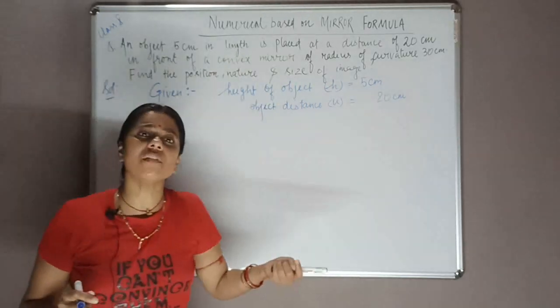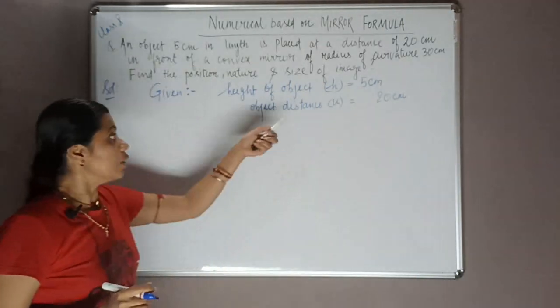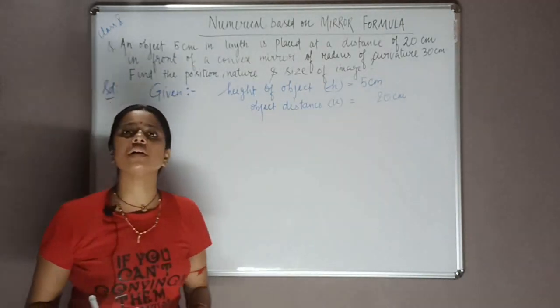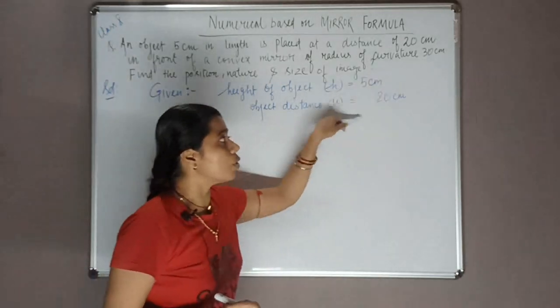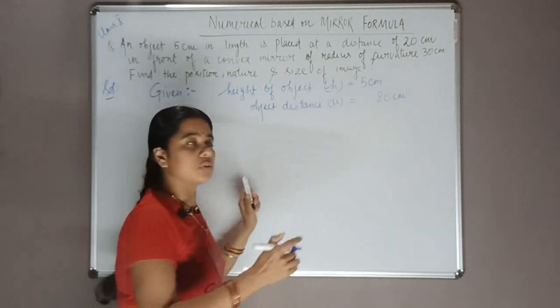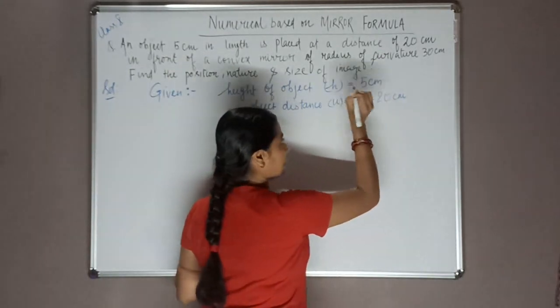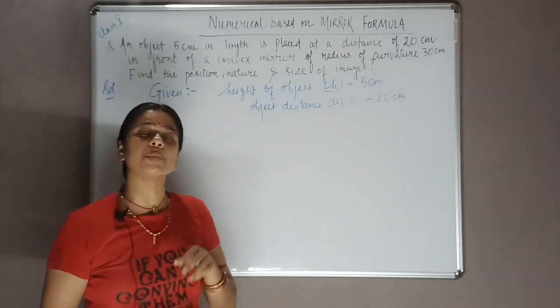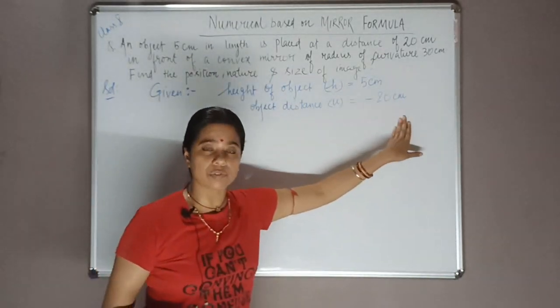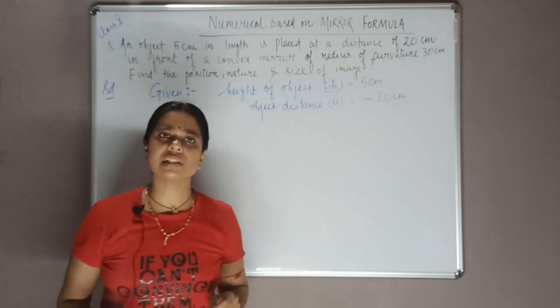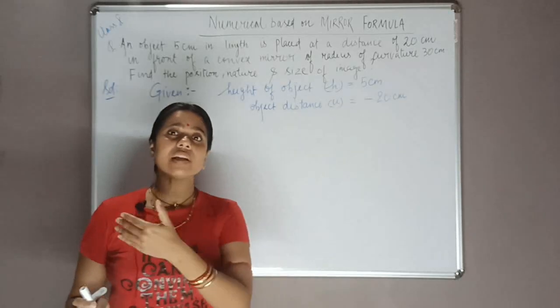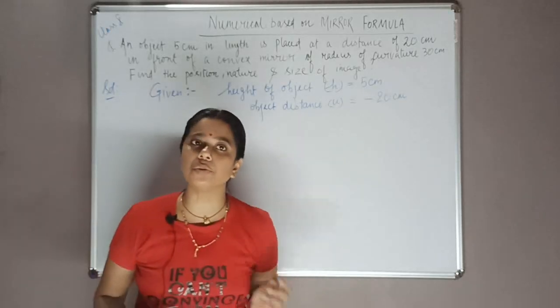As we have learnt in sign convention, the value of U is always negative, so the value will be negative. Here itself it would be better to write negative, so that while copying down the value you can use the sign, because while solving in the formula maybe you forget to do so.